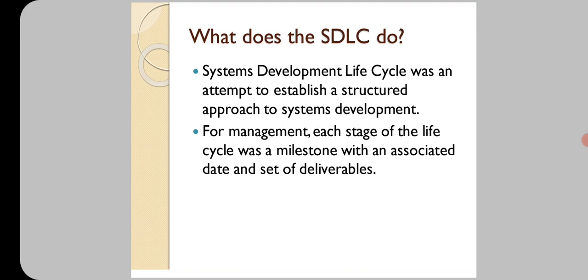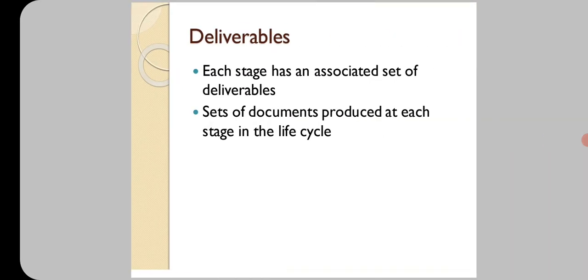Second, in the management review, each stage of the life cycle was a milestone with an associated date and a set of deliverables. So what are deliverables? Deliverables means components to be delivered to the customers.